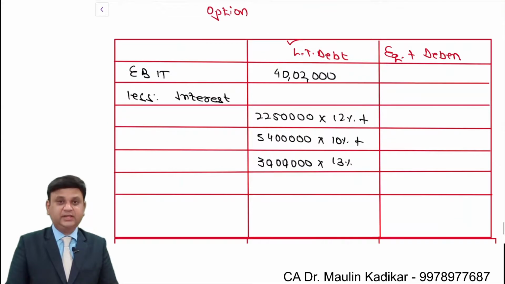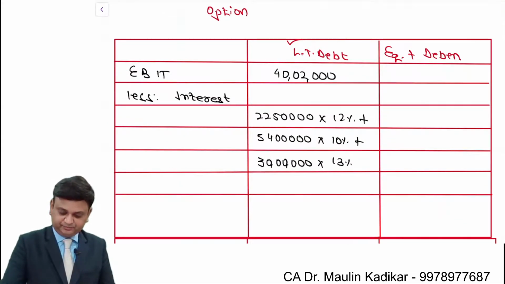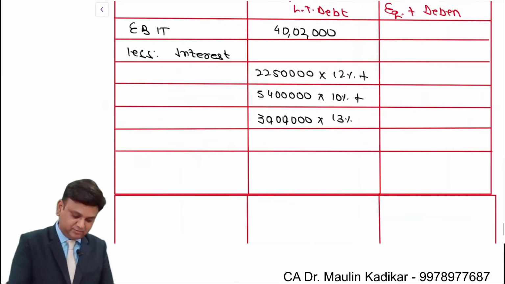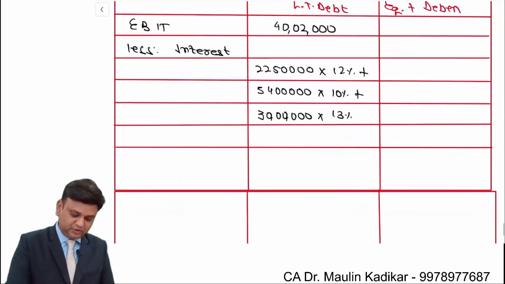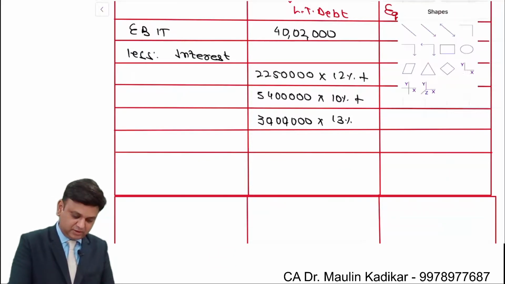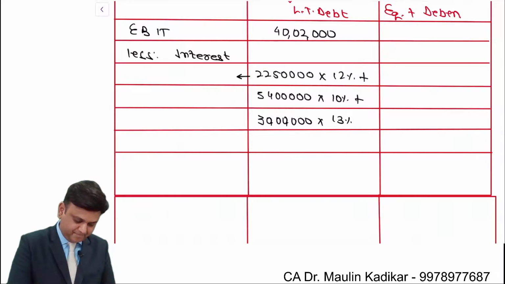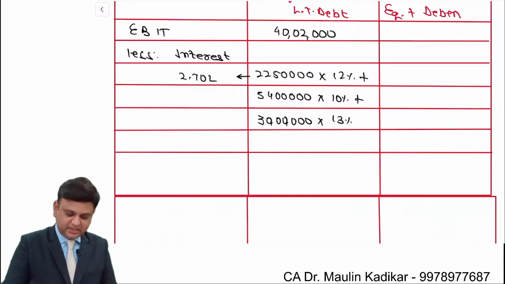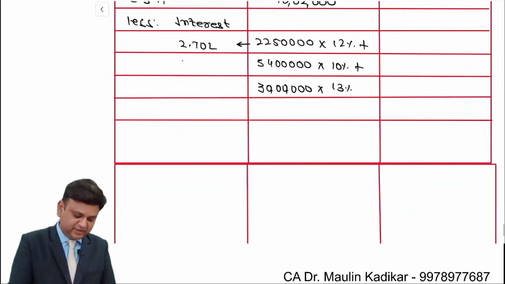This is the way the total interest amount will be found. So 22,50,000 into 12%, the amount of interest will be 2,70,000. Then 54 lakhs into 10% is 5,40,000.